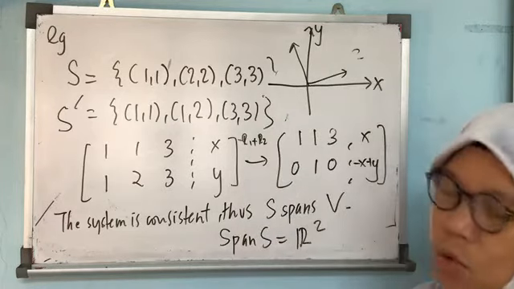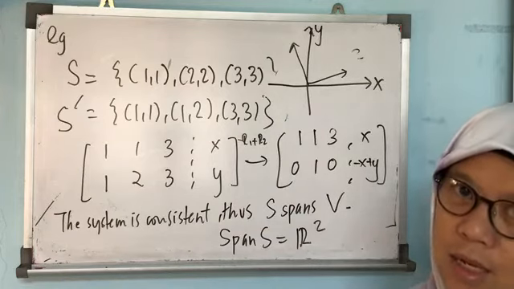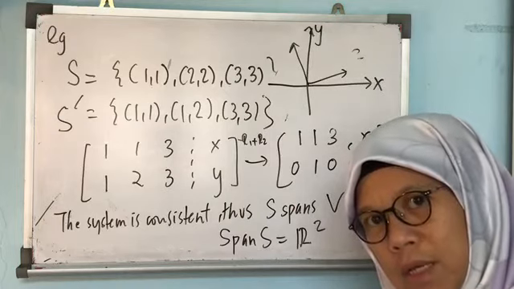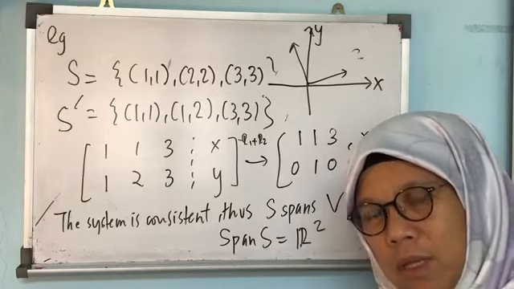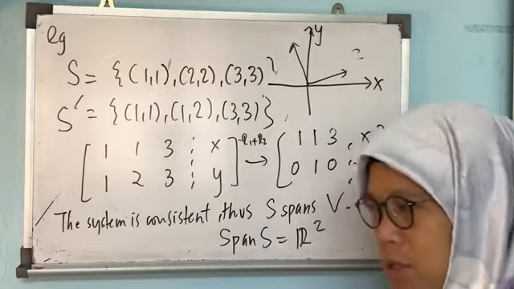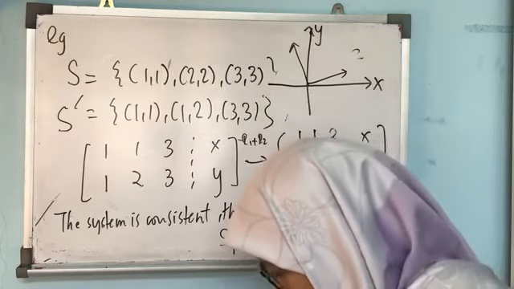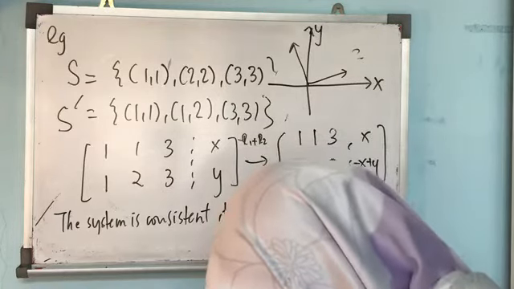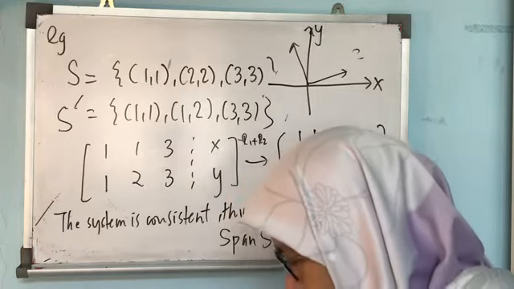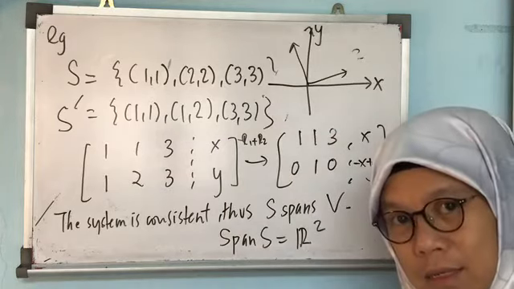So this theorem can only be used when it is equal or when it is less than. Less than means not enough to span, so it does not span. Equal, it depends whether it is a multiple or it is not. Now, I mentioned earlier that the theorem only applies to Rn.